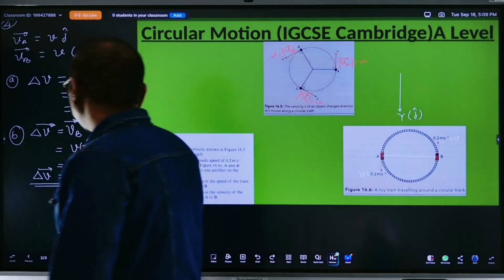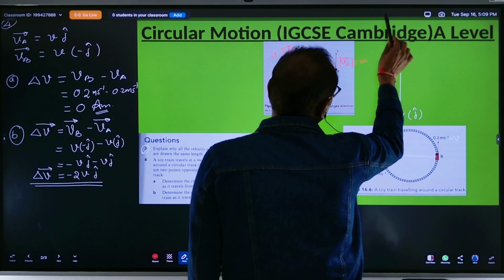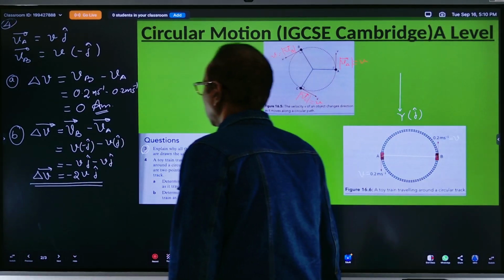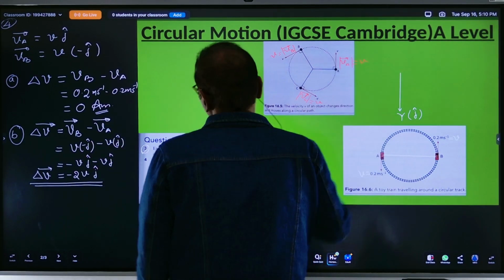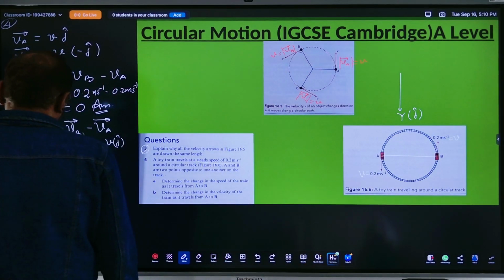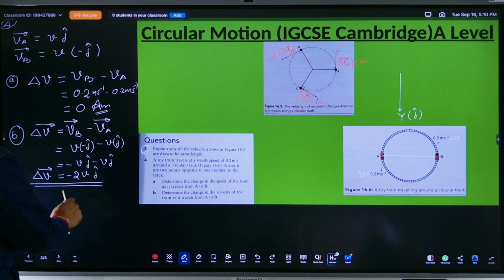So j cap is minus, meaning towards the negative of the y axis. The y axis positive is downward, so it is upward. So the change in velocity from A to B is 2 times V into j. And what is V?